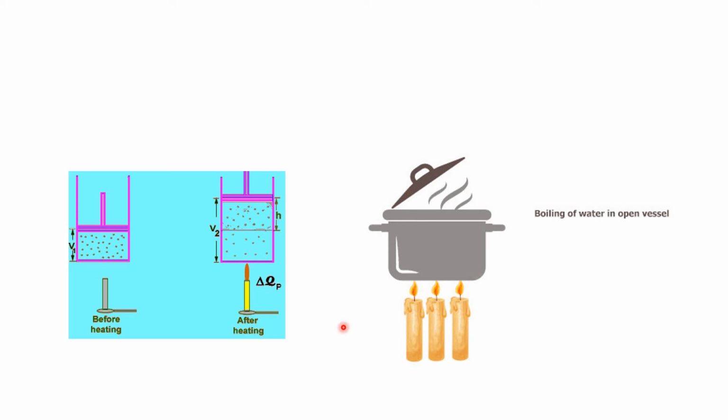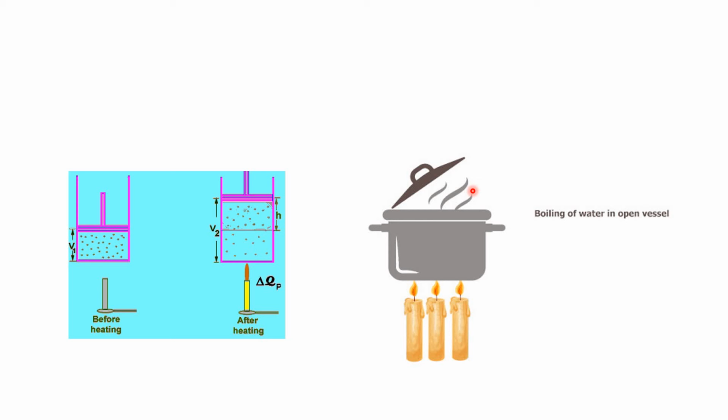Now, for example, this is another example: the boiling of water in an open vessel. The vessel is open and boiling takes place under constant atmospheric pressure. So this is also an example of a process which takes place under constant pressure.